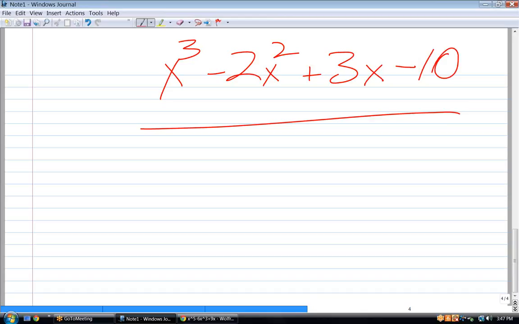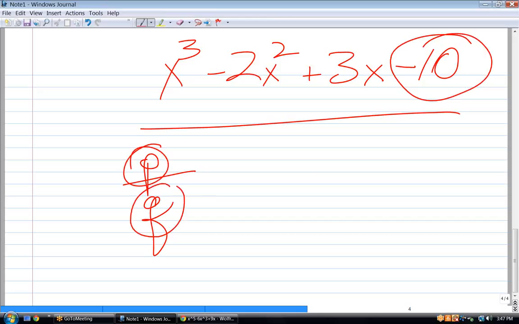You have about 5 possibilities, or actually 10 possibilities, and you have to try each one. Dividing is very tedious and time-consuming. It's called the rational factor theorem. It's usually referred to as P over Q, where P is a factor of the constant and Q is a factor of the coefficient of the highest polynomial term.